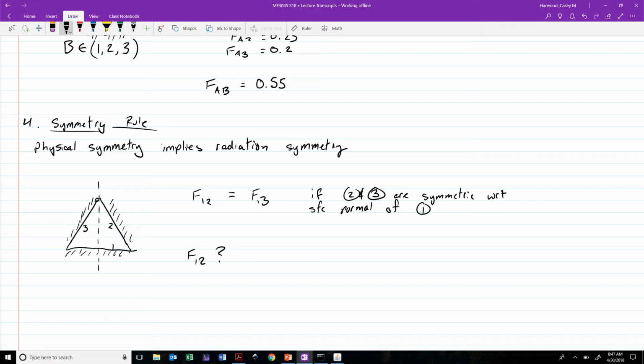So we could deduce this first from the summation rule. We have F11 plus F12 plus F13 is equal to 1. Surface 1 here is a flat planar surface, which means that F11 goes to 0.